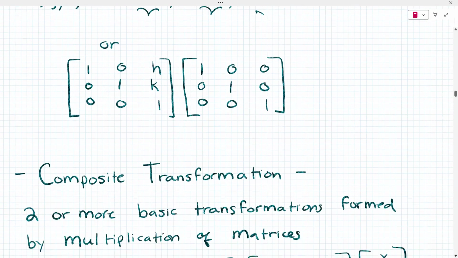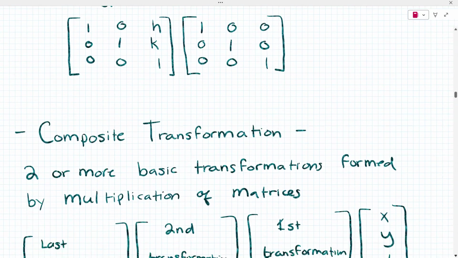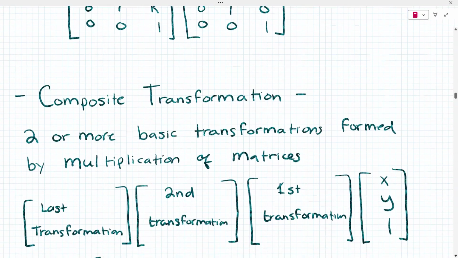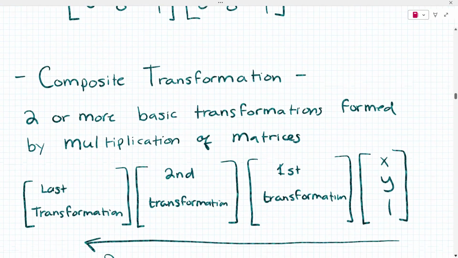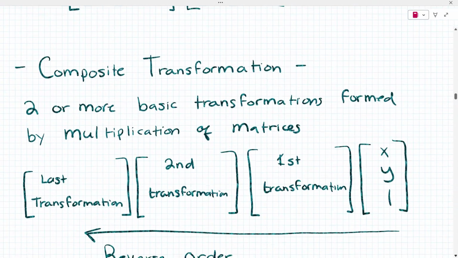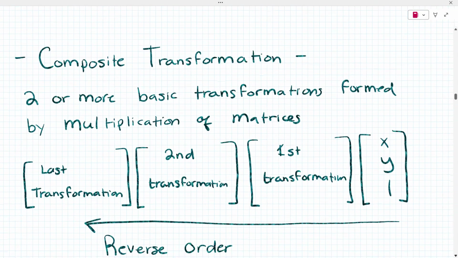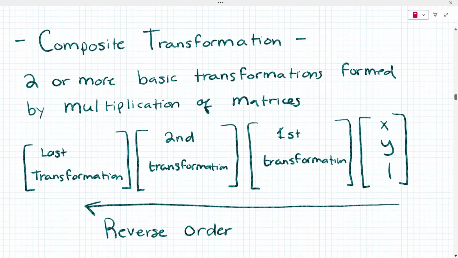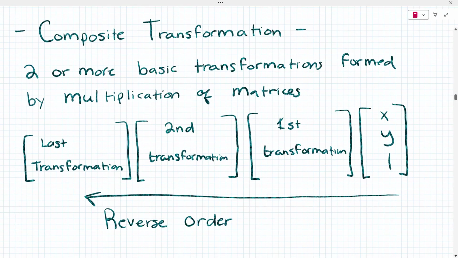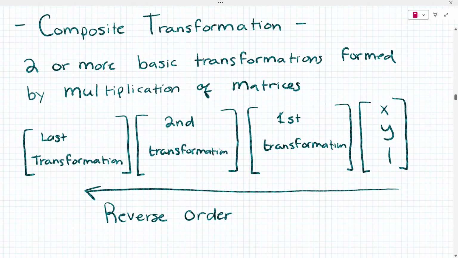So composite transformation is basically two or more basic transformations formed by multiplication of matrices. What we're doing is the reverse order. We're going to multiply from left to right, but we're only going to write it from right to left.